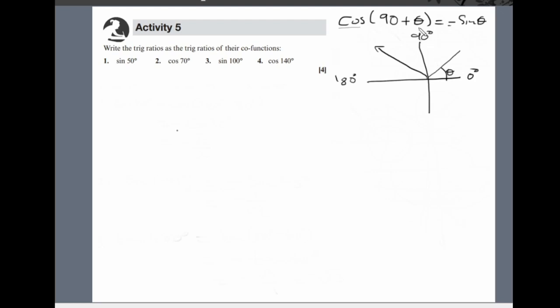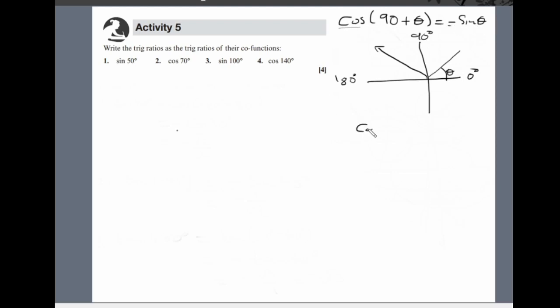I want to find a way of explaining why it tends to sine theta, but I can't think of anything now. Just keep this in mind: if you're saying cos 90 plus theta, it's the same as saying minus sine theta.